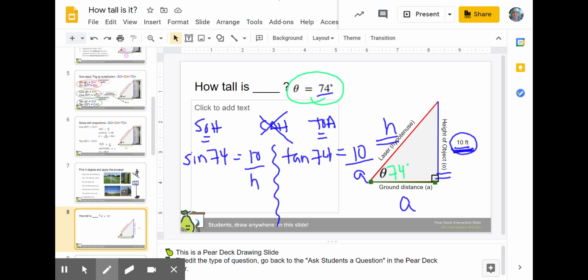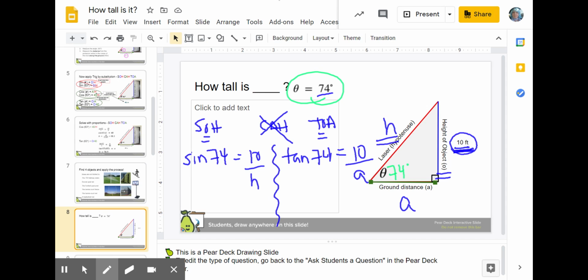Let me put it in the chat again. It should give you these slides down, like we're on slide 8. Okay. So yeah, you should be able to write on it, and then I can see it in the pair deck.